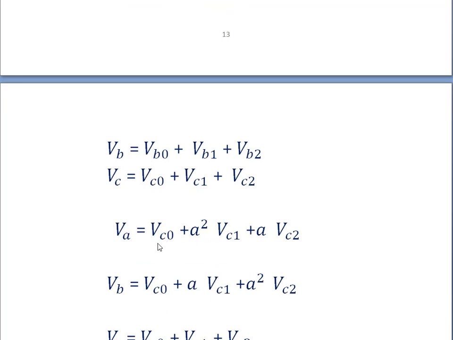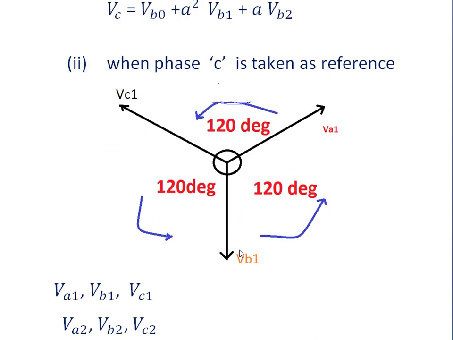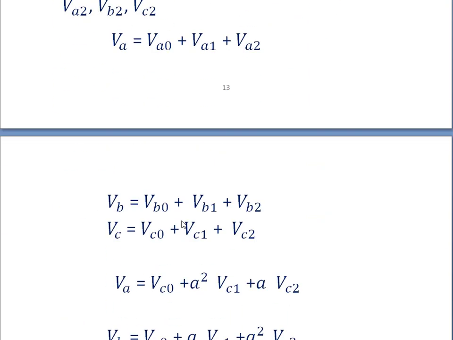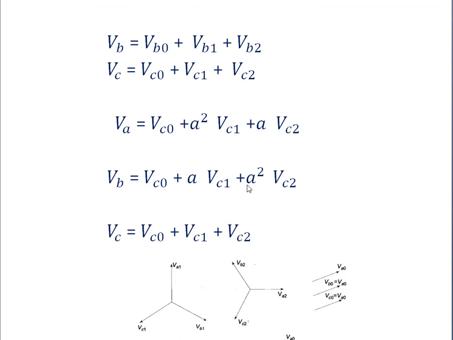So that is VA is equal to VC0 plus A square VC1. Similarly, if you want to express VB1 in terms of VC1, you have to move this VC1 by 120 degrees, that is A into VC1.